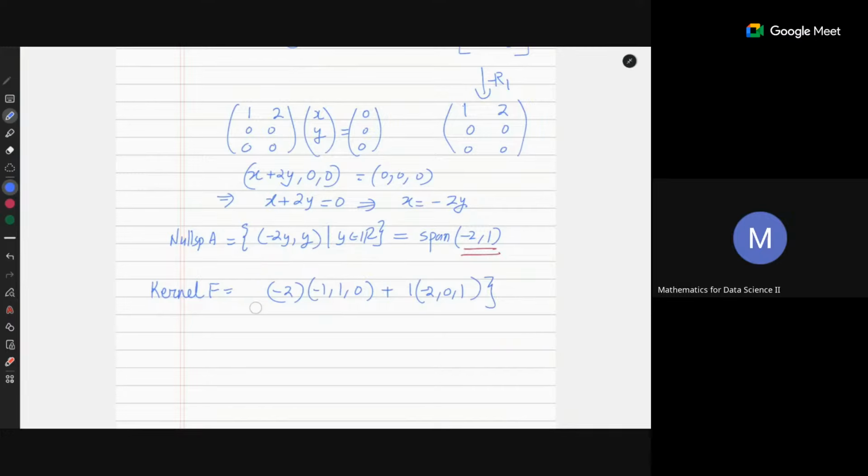Kernel is nothing but the span of this vector. This vector is -2 times this, so we get -2 -2 0 plus -2 0 1, and if you add them, you will get span 0 -2 1. So the kernel is this.